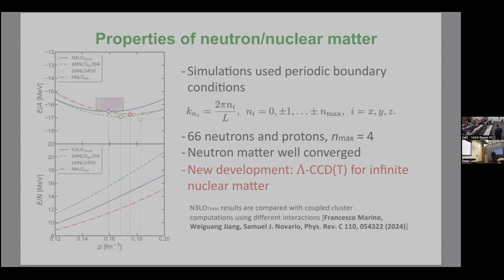Sorry, I remember NNLO-sat was also fit to reproduce oxygen-16 and helium-4, right? Well, sort of. So what's the reason for the difference? We didn't have emulators, so we had to just take snapshots when we optimized and see how a particular set of LECs performed in oxygen-16.